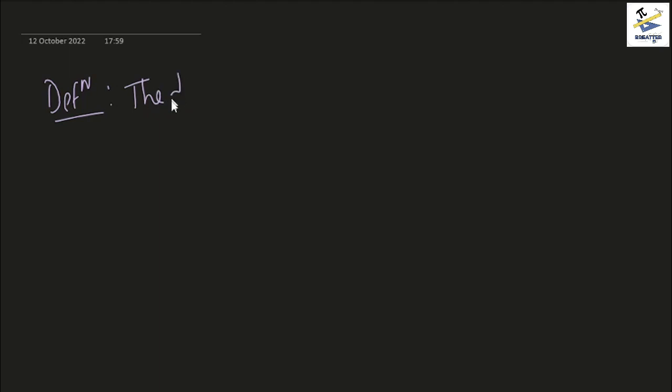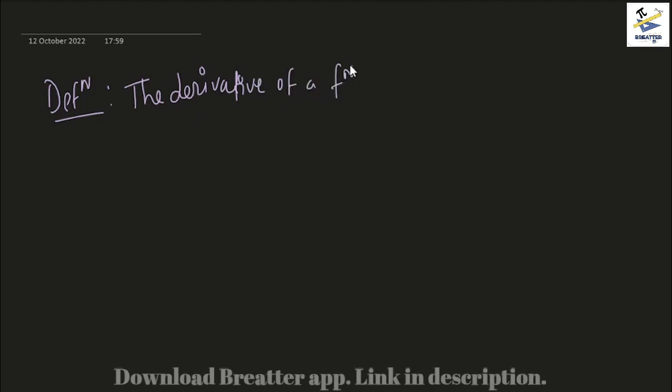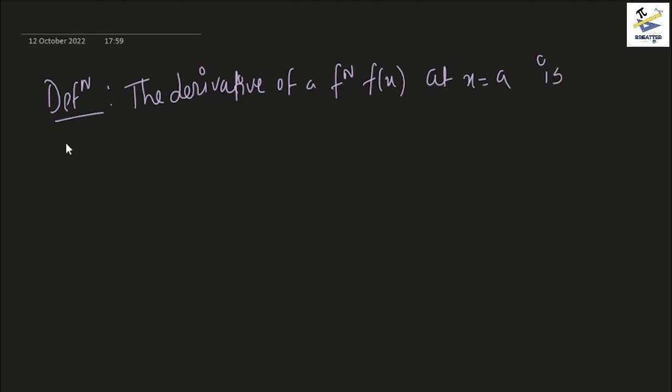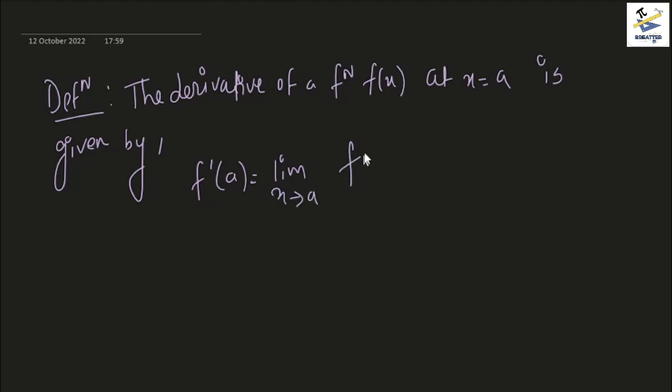The derivative of a function f of x at x equals a is given by f dash of a equals limit x tends to a of f of x minus f of a whole divided by x minus a.